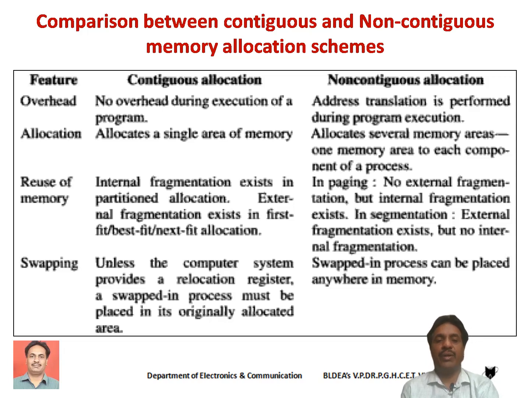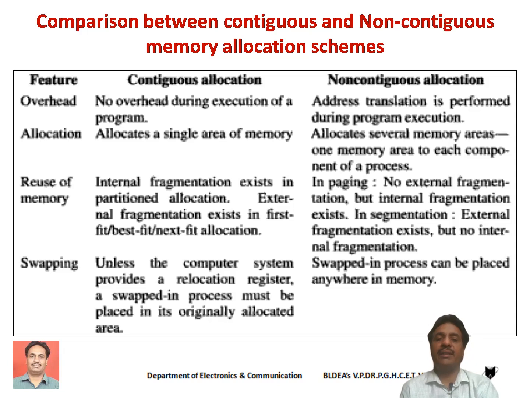First, we have overhead. In the case of contiguous allocation, there is no overhead during execution of the program, because we know that in the contiguous allocation scheme, a contiguous block of memory is allocated for the program.